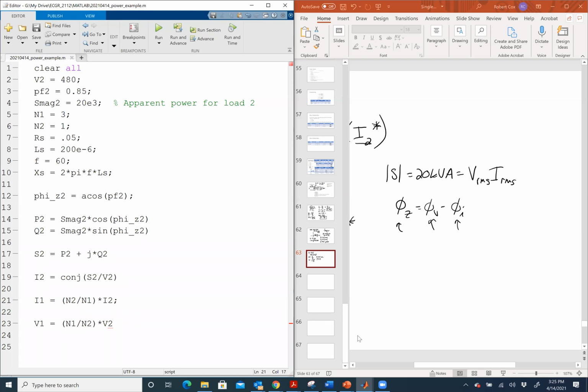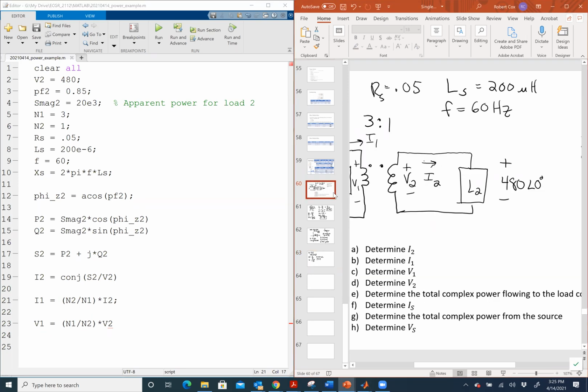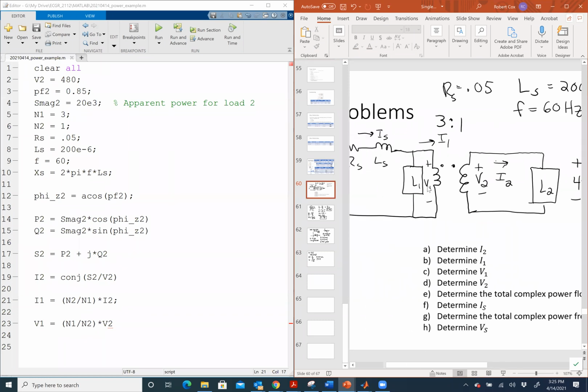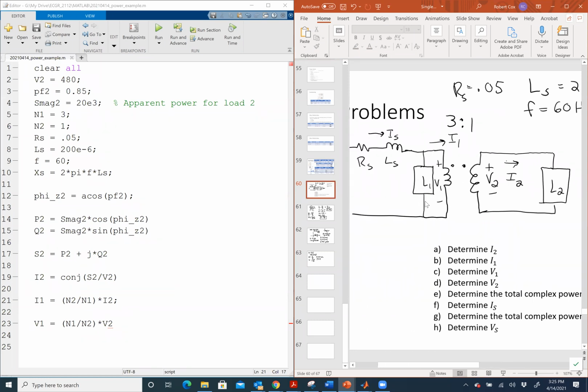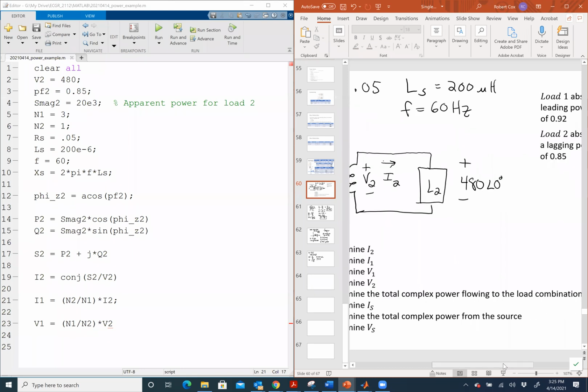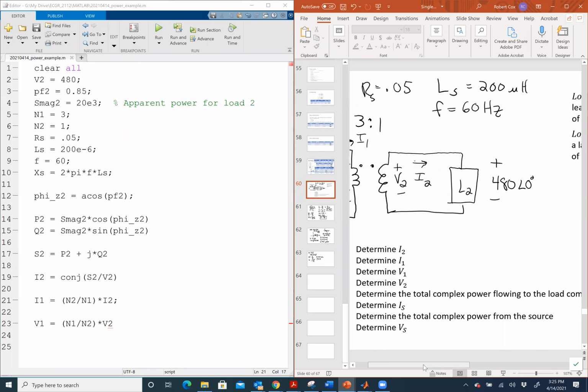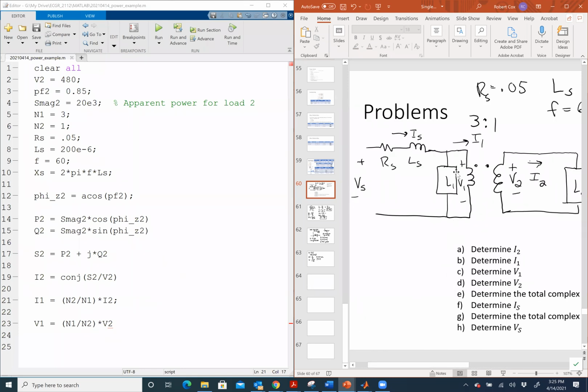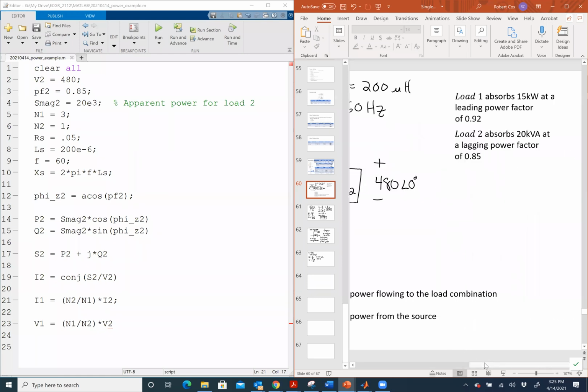Now, the next question basically refers to what's going on with load 1. Load 1 is this guy over here. It says determine the total complex power flowing into the load combination. So I want to figure out first the power going to load 1. Let's get the complex power there.